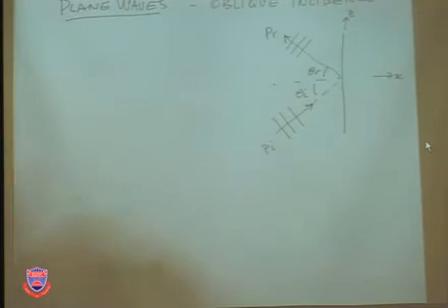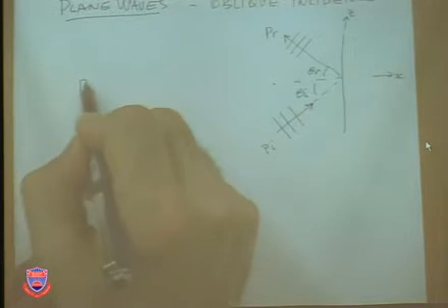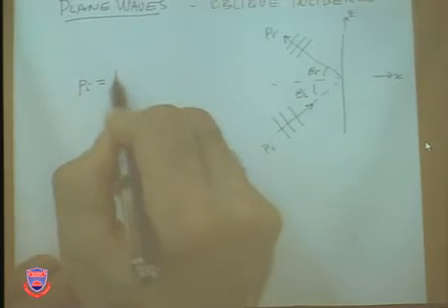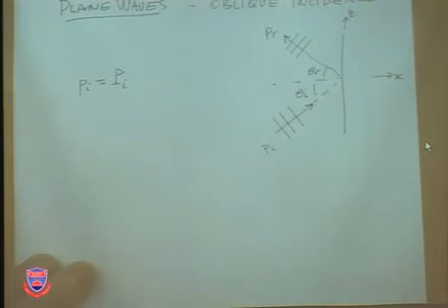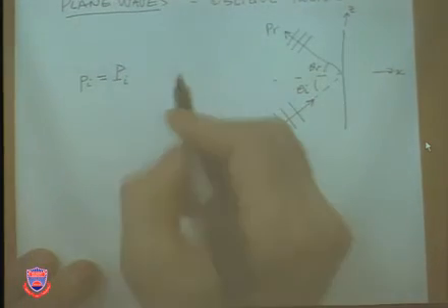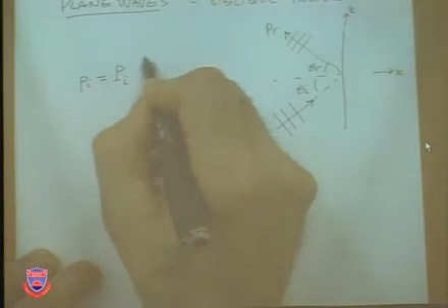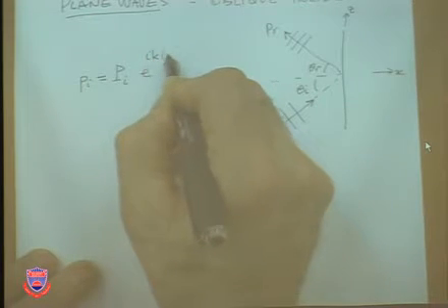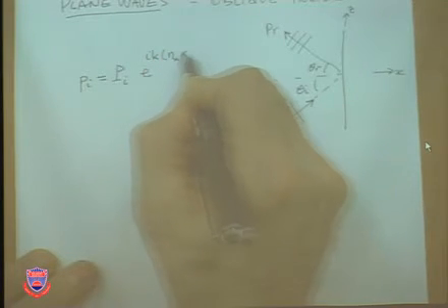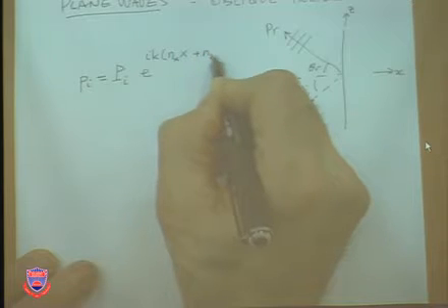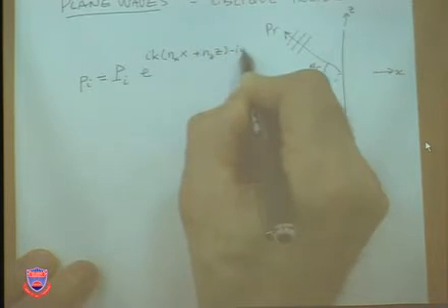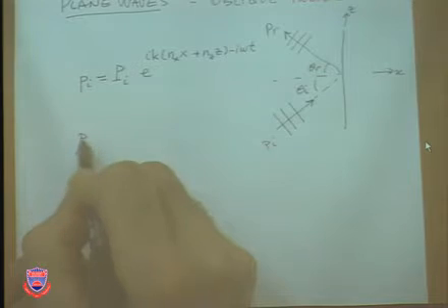So one thing we do is, first of all, the incident wave with amplitude capital P I, and let's call these i k (n x x + n z z) minus i omega t. And reflection.